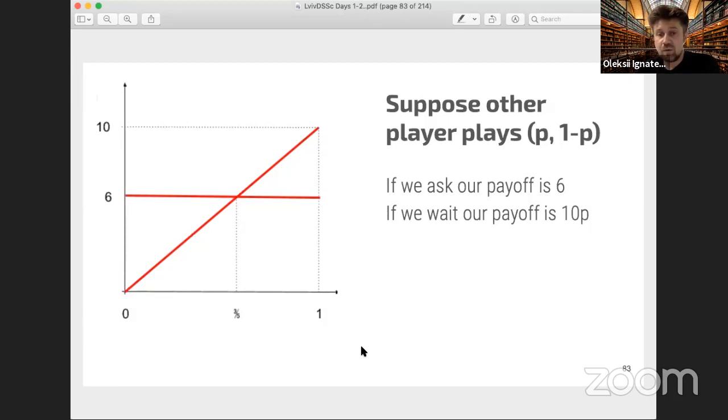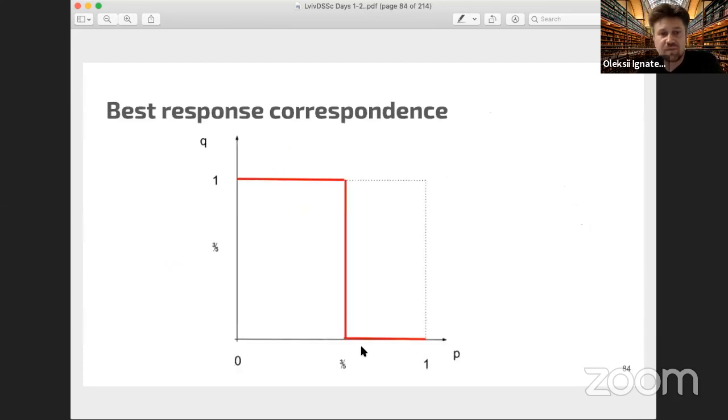And why is it a Nash equilibrium? As I said, it's the best reply to the best reply. But what is the best reply for the mixed strategy? Well, the best reply for the mixed strategy looks like this. If the probability of asking of the other player is less than 3/5, then it's better for me to always ask.